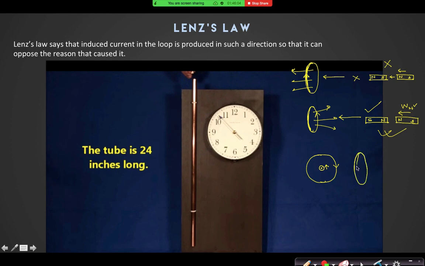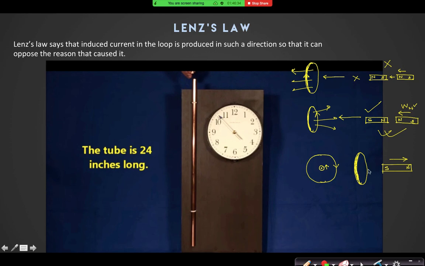Suppose this is a loop. This portion is out of the plane. I have a bar magnet which has its south pole here and north pole here, and I am taking this bar magnet away. Tell me, at this portion, what is the direction of current, upward or downward? Upward.